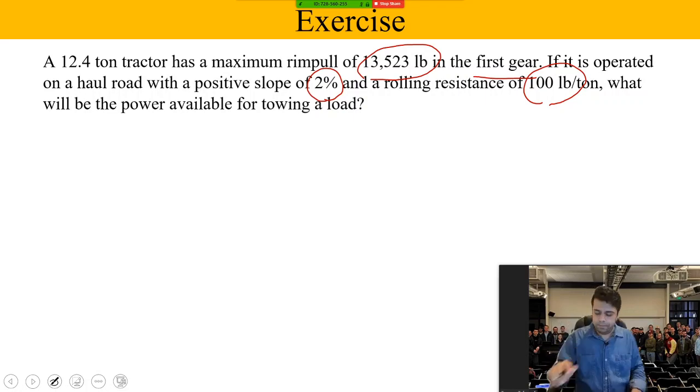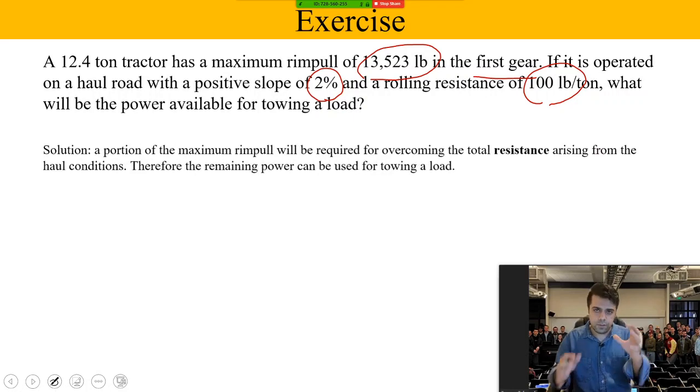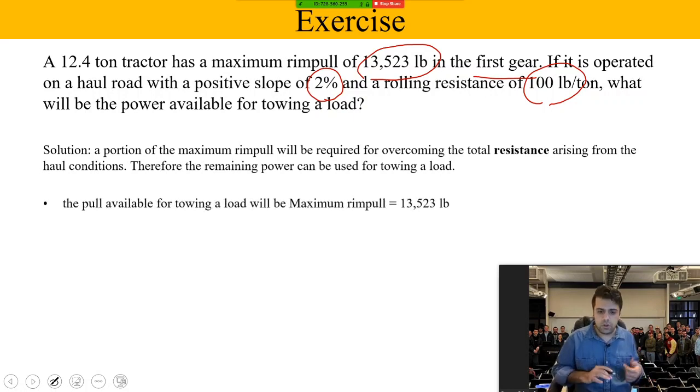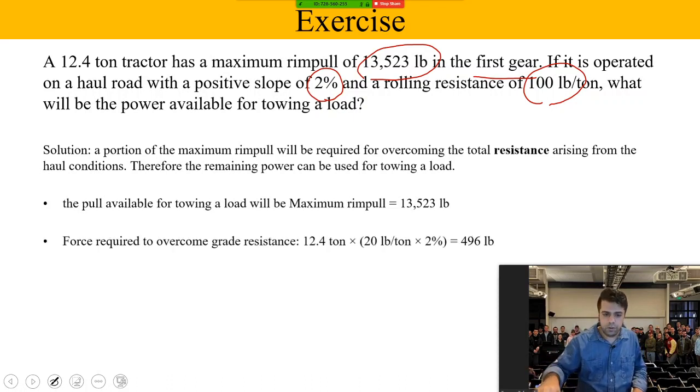Let's see. First of all, not all of the force the machine can generate can be used to move the car. A part of it should be used to overcome the total resistance. So the pull available for towing the load will be the maximum rim pull, but some of it will go for the grade resistance.